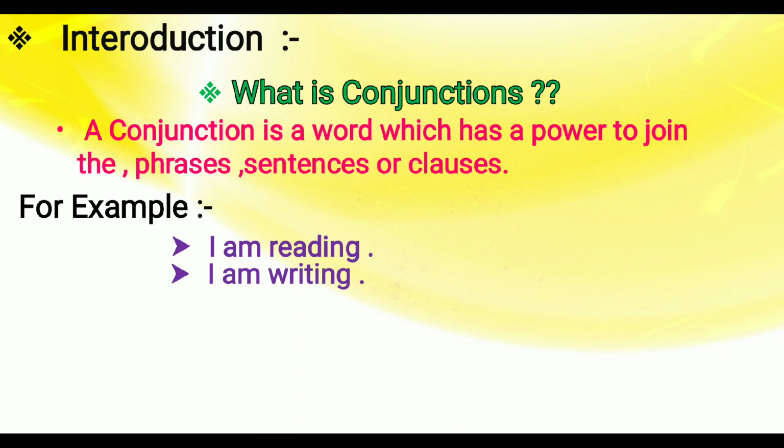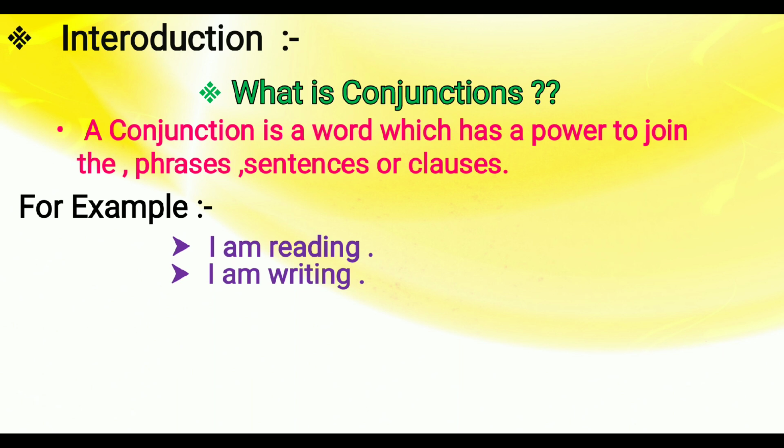We will join them, and to join them we use a particular word to join these sentences and make them shorter. We use "and" to convert two sentences into one sentence, right? So let's see how we can make it.